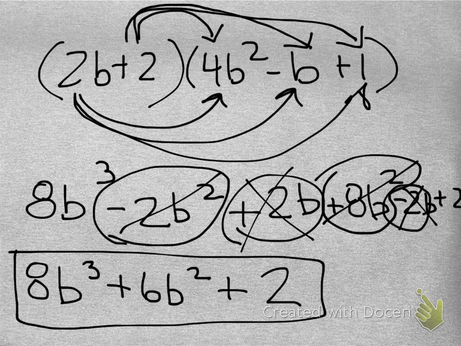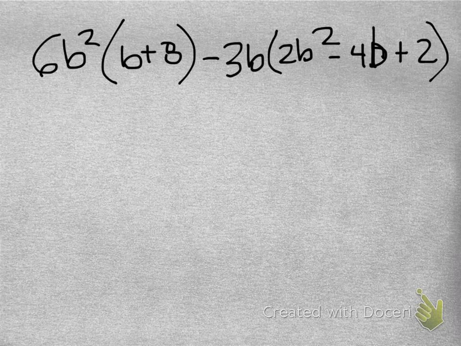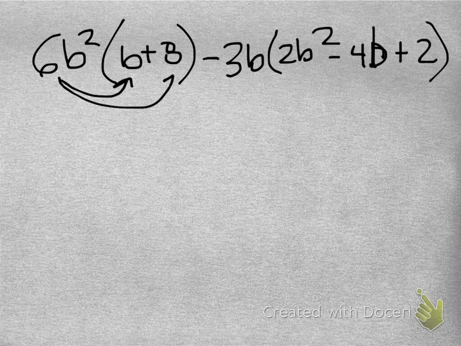This one asks us to simplify and then pick the correct choice out of the multiple choice. So we're going to need to distribute first and then start combining like terms. So 6b squared times b and 6b squared times 8.